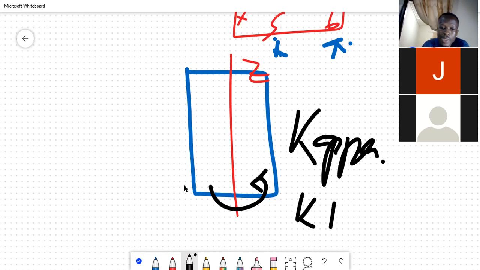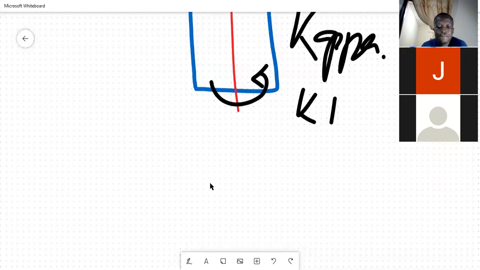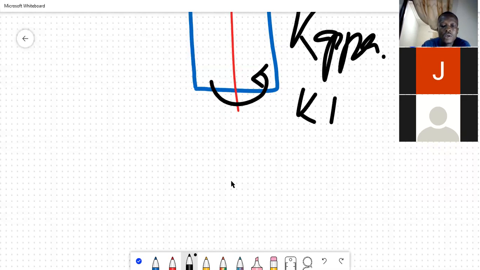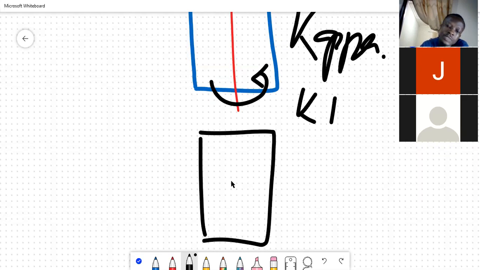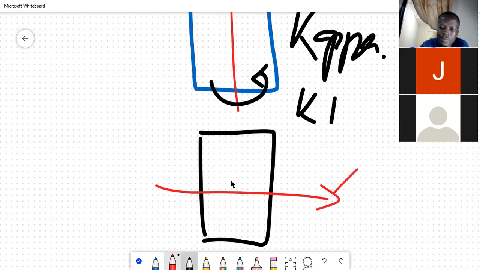Let's look at omega. With omega, if this is the projector, then we need to establish the x-axis. Very important, the x-axis is the fly direction.